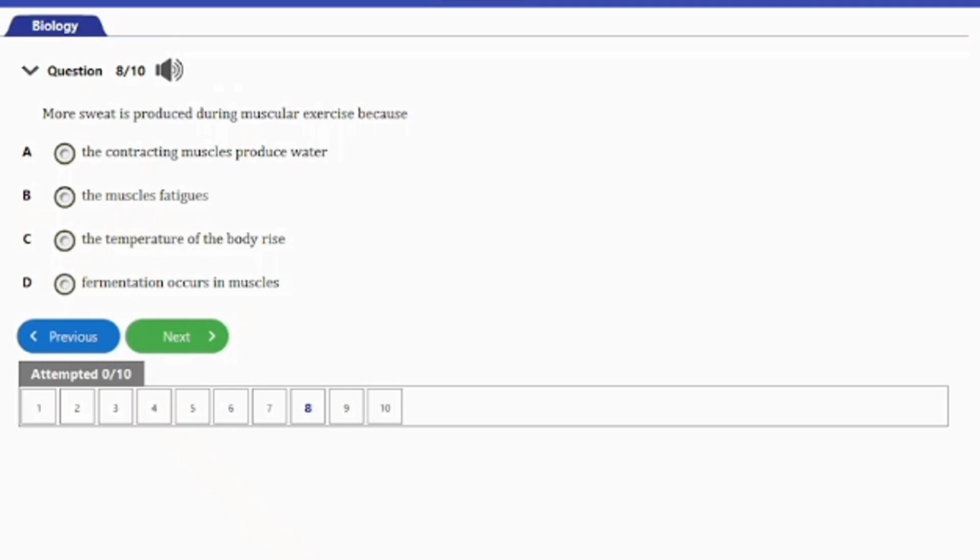So guys, when we carry out muscular exercises, the muscle actually produces heat as a byproduct of the energy that is being used up or released.